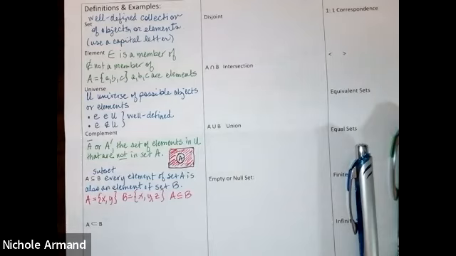Notice that B was a larger set as far as its cardinality, as far as how many elements it has.